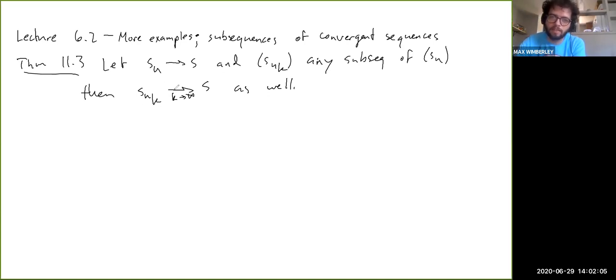But k itself is the thing which controls the subsequence, okay? So as we let k approach infinity, then of course nk also approaches infinity. And so we take further and further terms, but we're taking the terms from the subsequence. So the subsequence must converge to the same limit.